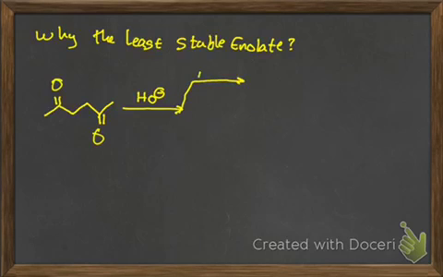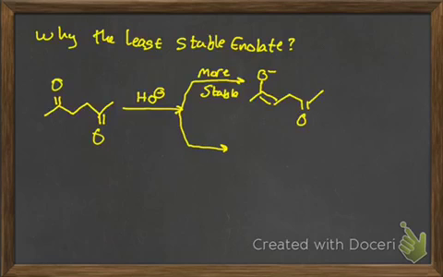You'll either form the more stable enolate, which looks like this, or the less stable.